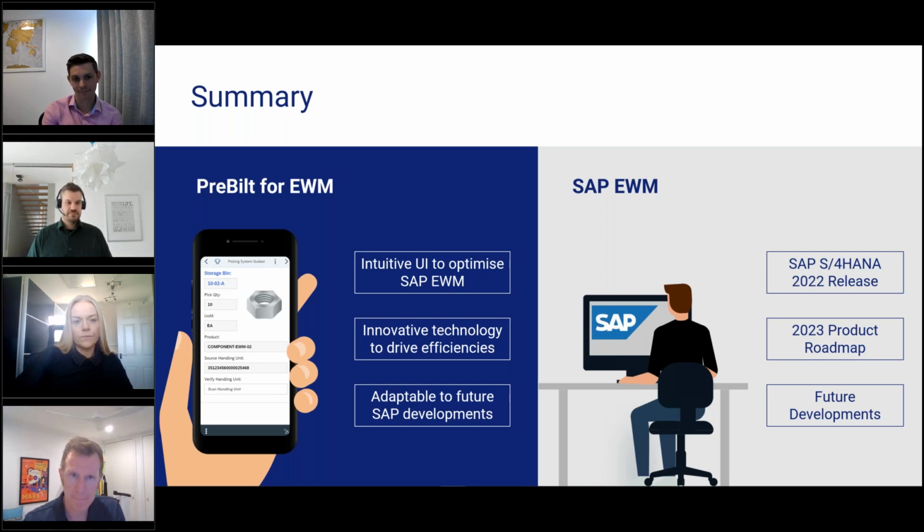Great, perfect. On the pre-built side, someone's asked if we run compatibility tests for pre-built after Android and iOS releases. Yeah, the first thing to say, Gemma, is that what we see in the market is predominantly Android within the industrial space. So most of the devices and most of the implementations we do with pre-built are for Android.